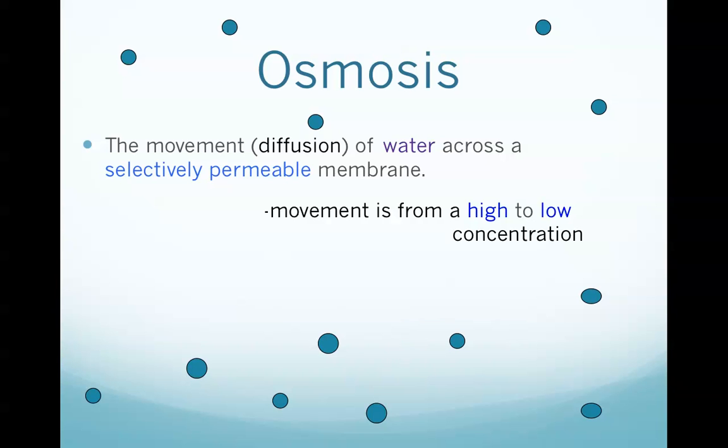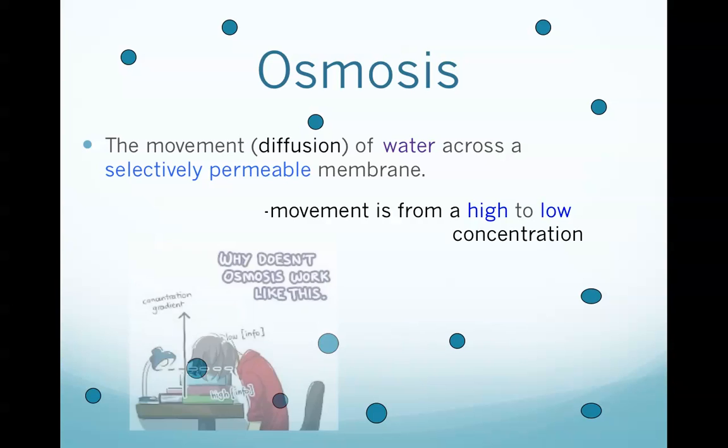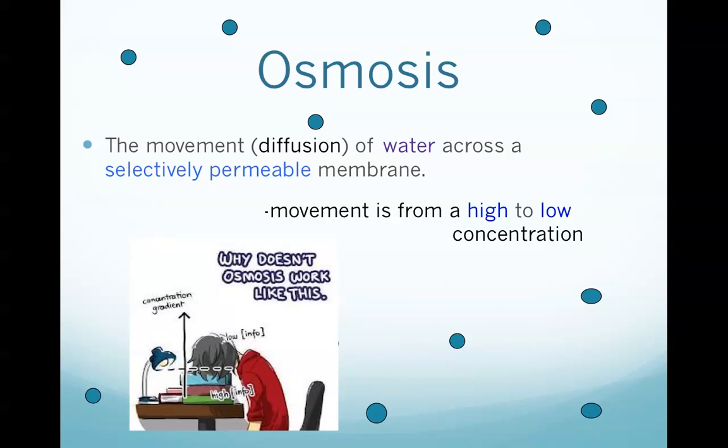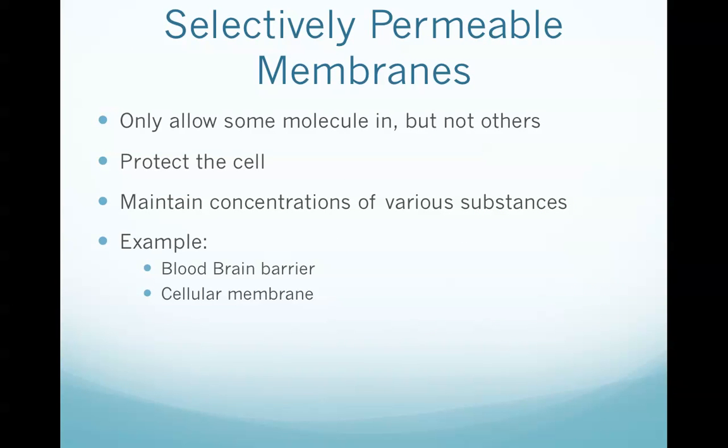And to remind you, a selectively permeable membrane is a membrane that only allows some things to pass through. And going further into selectively permeable membranes, they also serve the purpose to protect the cell.